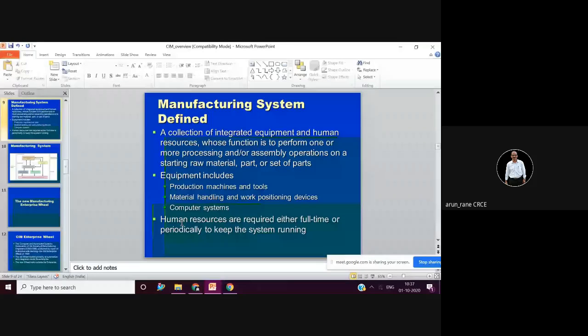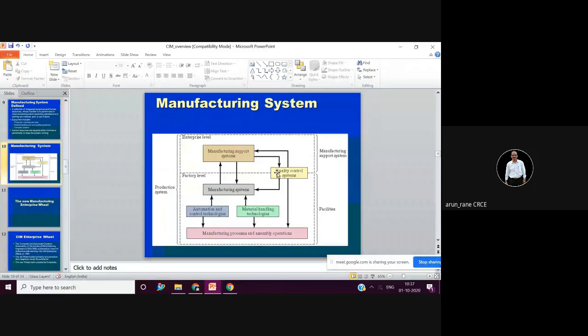So the equipment includes your production machines, your material handling, your computer system, and the human resource as well. Now, this is what your manufacturing system is.